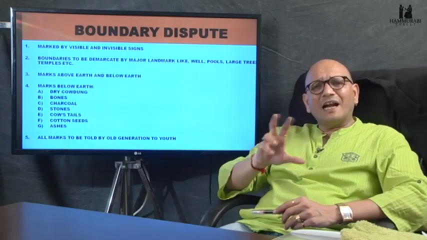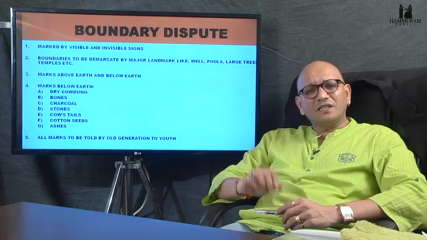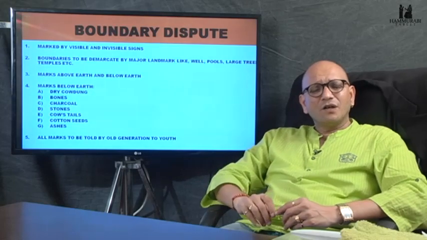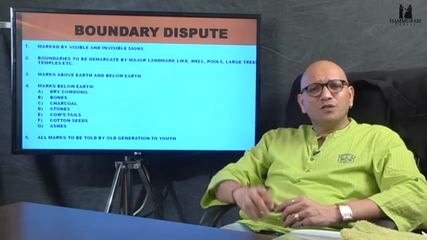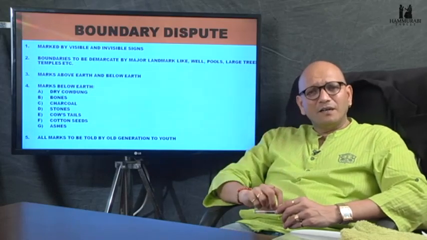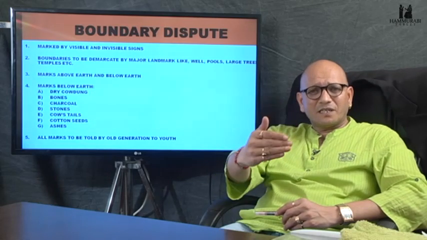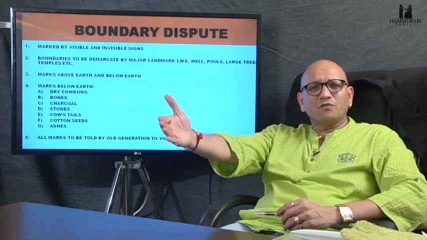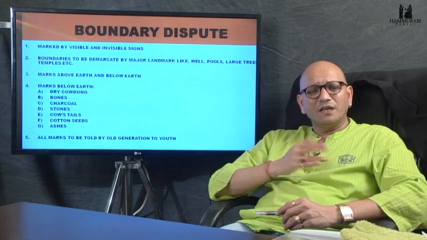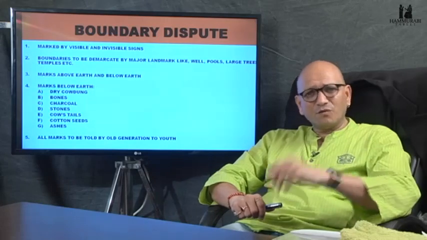These were the landmarks in any village. A pool existed, a large tree existed, a temple existed. So those were used as landmarks for deciding the boundary. A boundary could be demarcated saying that this side of the temple belongs to this village, and from this side of the temple it belongs to another village. It becomes an easily identifiable mark. So it was used.